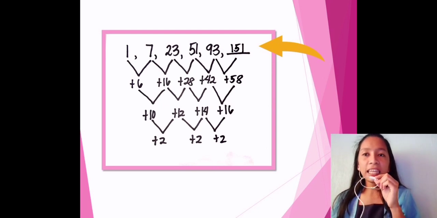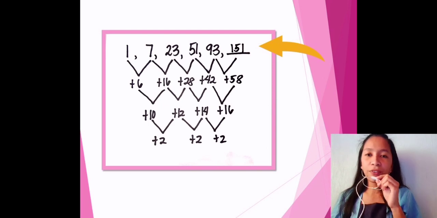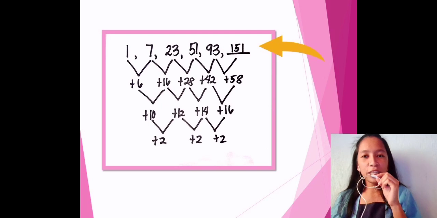And then, yun namang 93 na last sa given sequence natin, dadagdagan natin siya ng 58 para magkaroon tayo ng sagot na 151. Sa pattern na to, nag-start tayong hanapin muna yung differences ng given, which is nagkaroon na tayo ng hypothesis na ginamit natin para malaman natin yung kasunod na number sa given sequence.